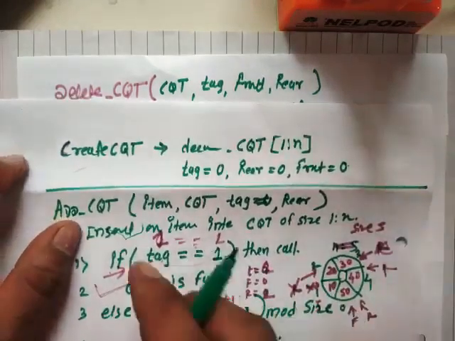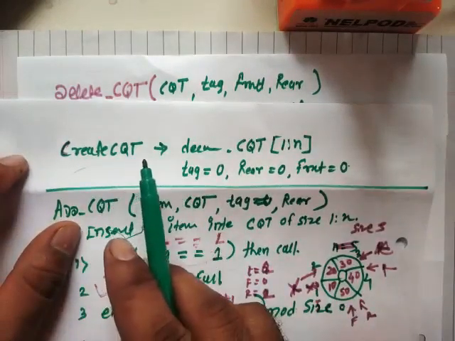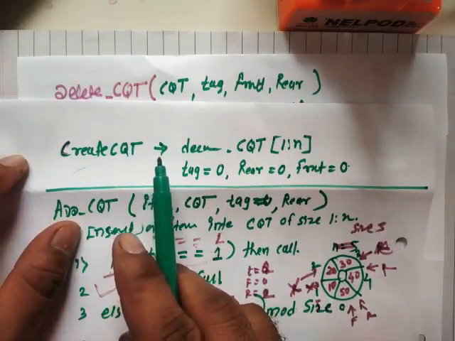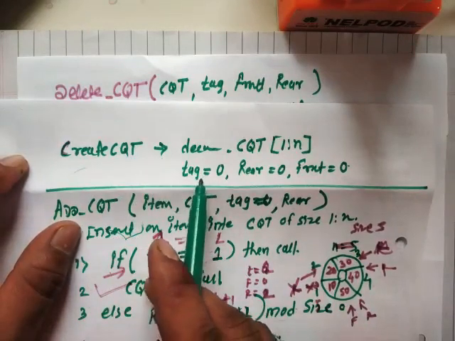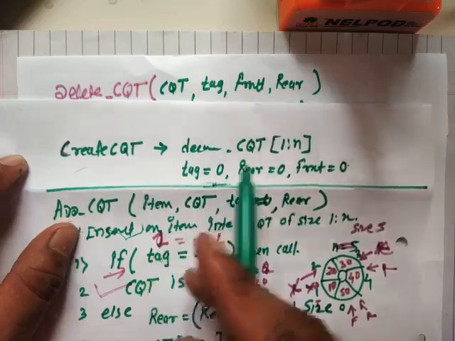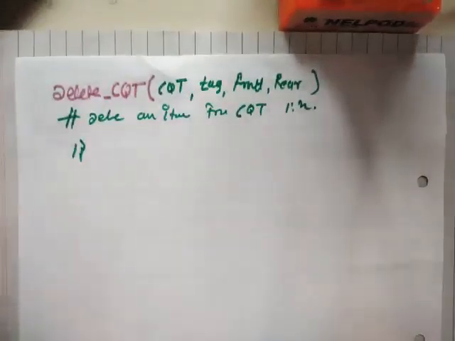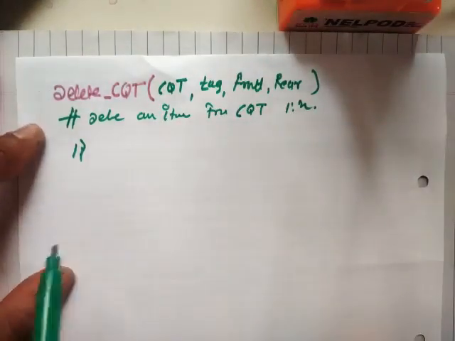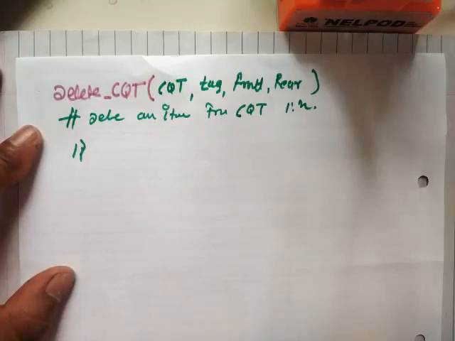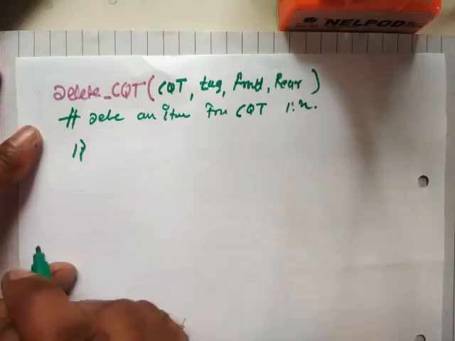When we create our circular queue, at that time we declare our tag value is 0, and the second condition is that front and rear both are pointing to the same position. And if tag value is 0, then the circular queue with tag is empty.